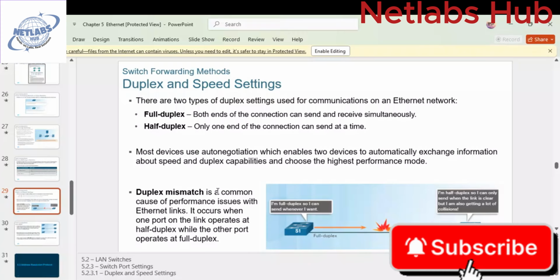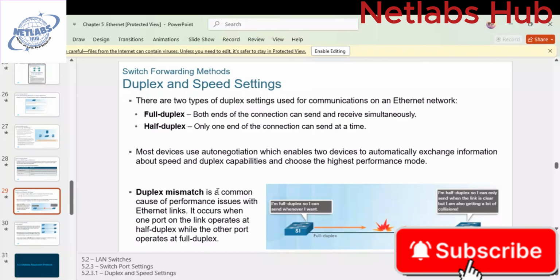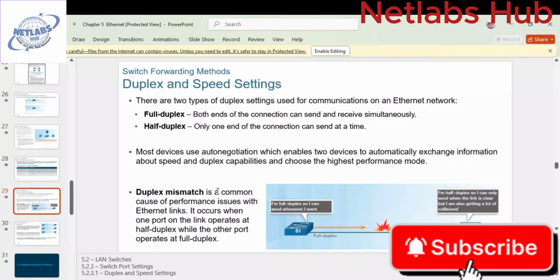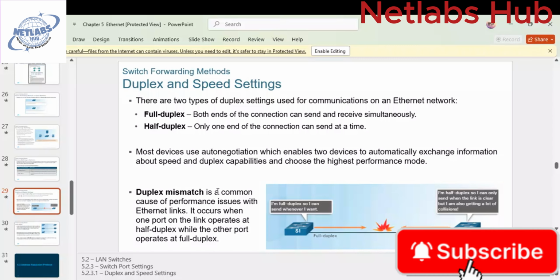And that's where we bring in the concept of auto negotiation, whereby the two ends discuss and come to a common agreement on the speed or duplex mode they are going to function at. If it is half, let both ends be half. If it is full, let both ends be full. The same applies to speed.